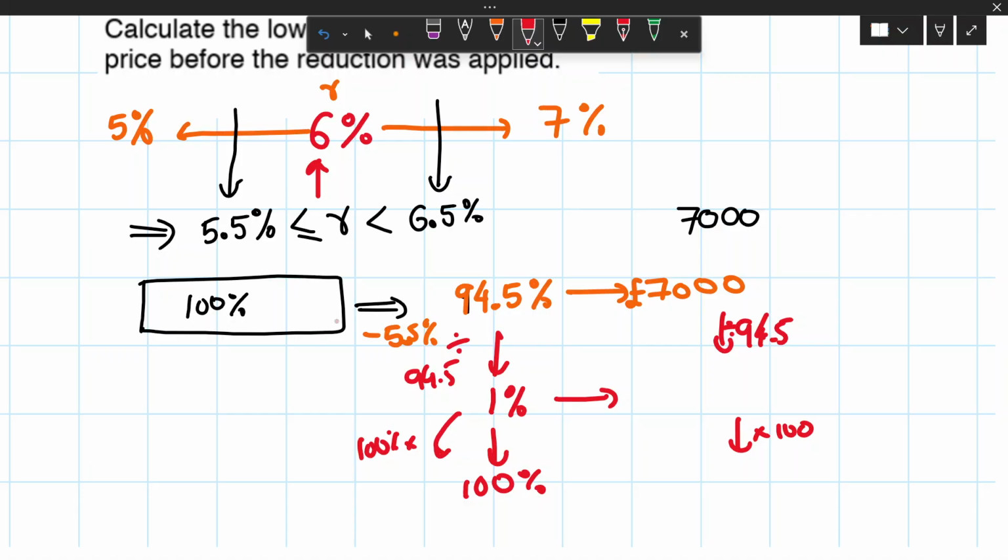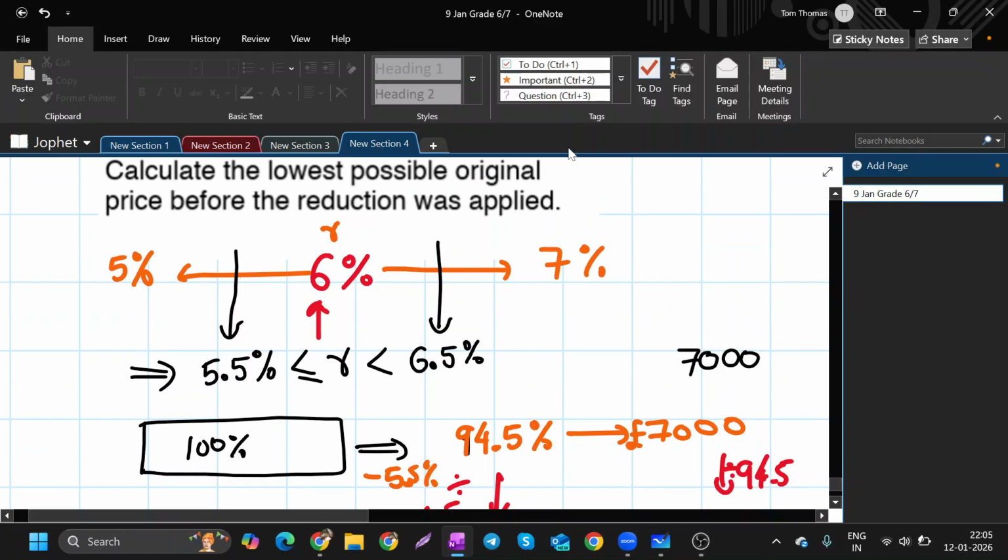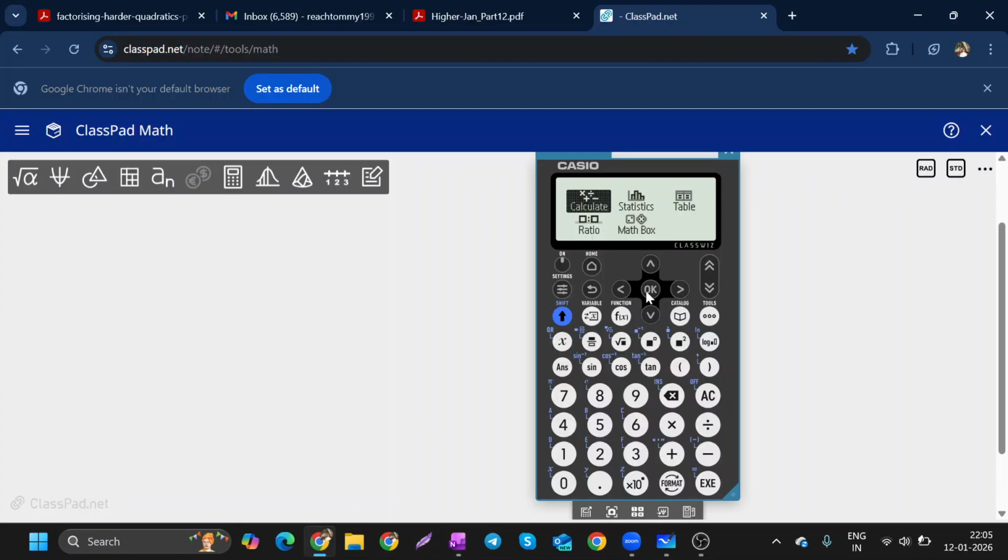So let's do 7,000 divide 94.5, and if you multiply that with 100, what do we get? Change to decimal.